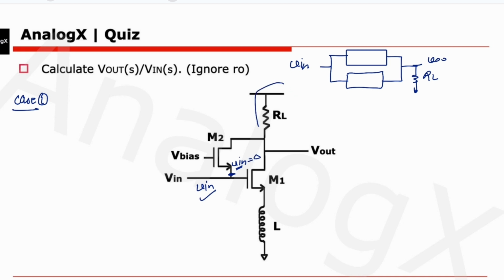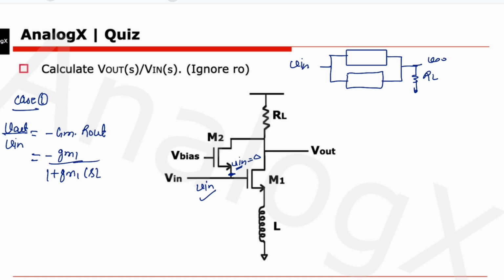Now this circuit is a source degenerated circuit, so we are familiar with this circuit. What will be the gain? In this case, V out by V in will be minus Gm into R out. What will be the Gm in a source degenerated circuit? That will be minus Gm1 divided by 1 plus Gm1 into RS, where RS is the source resistance.